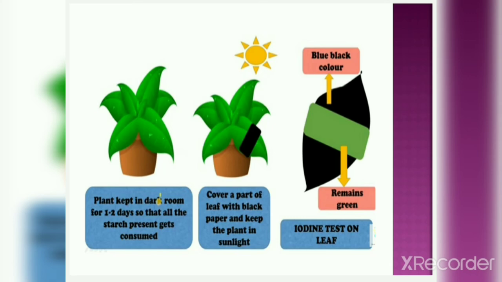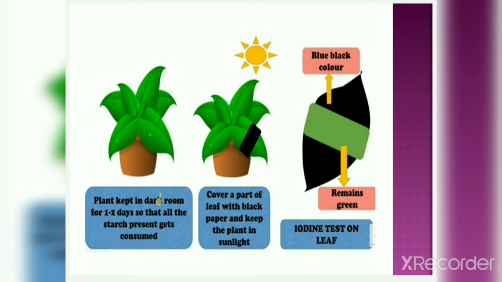What does this mean? This means that in the presence of sunlight, the leaf parts which were not covered carried out photosynthesis and synthesized carbohydrates. So when you put iodine solution over them, they turn blue-black, which indicates the presence of carbohydrates.